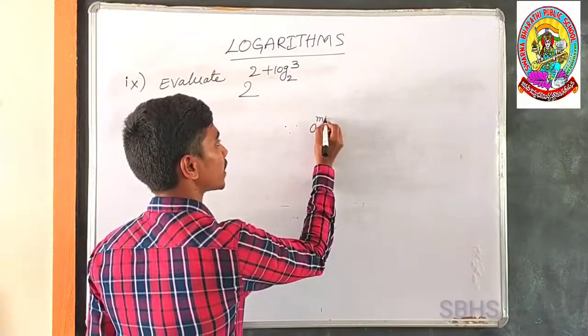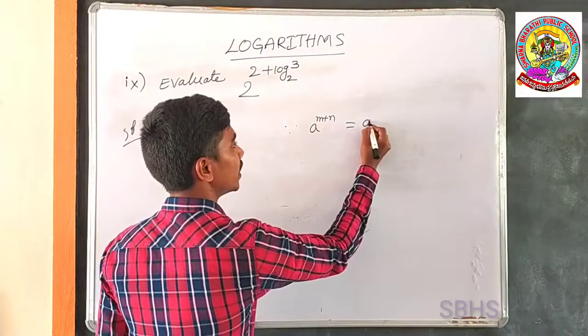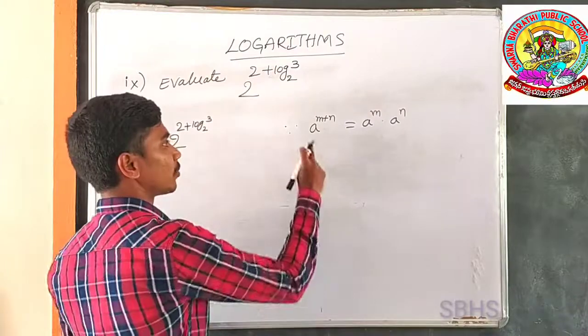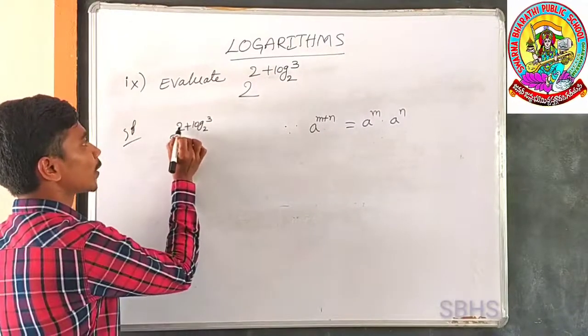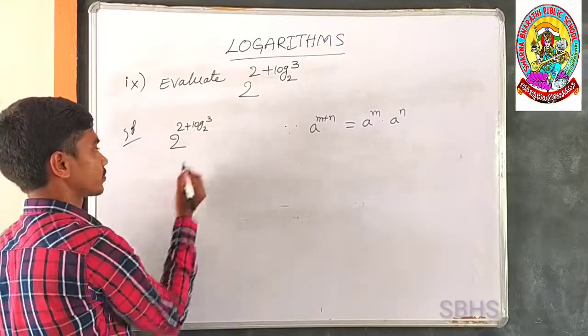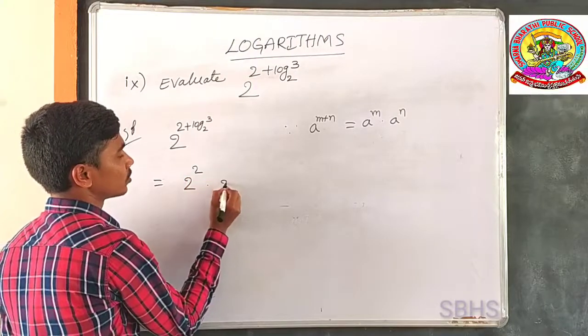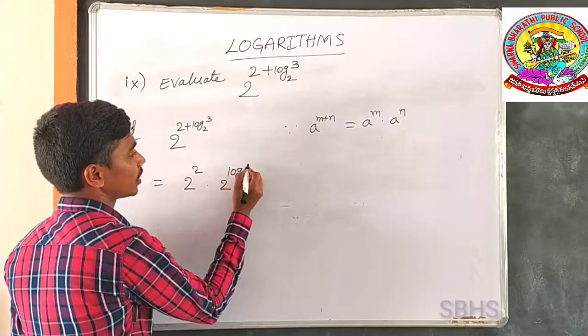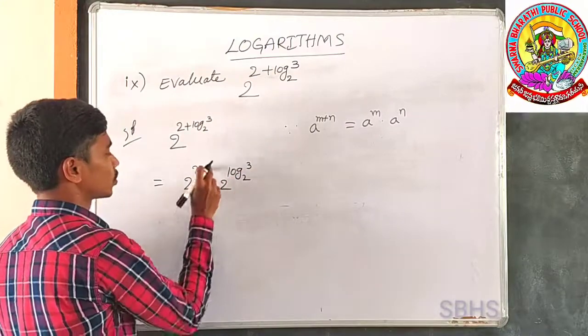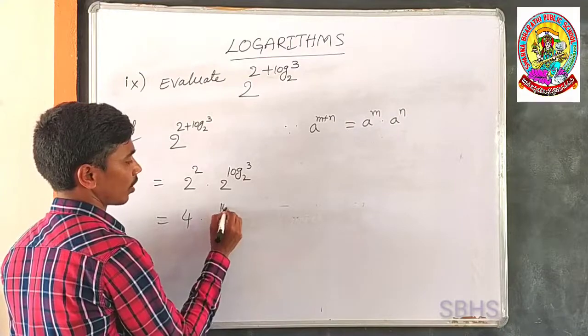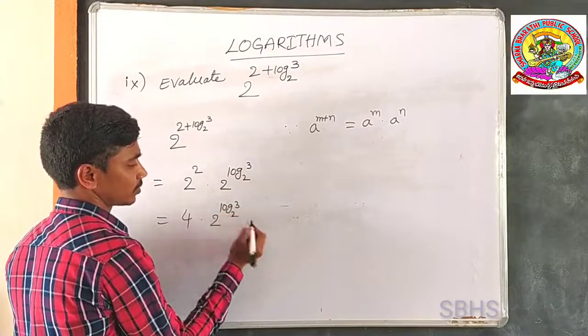A power m plus n, which is equals to a power m into a power n. It is also 2 power 2 plus log 3 to the base 2. So 2 square into 2 power log 3 to the base 2. 2 square is equals to 4. 2 into 2 power log 3 to the base 2.